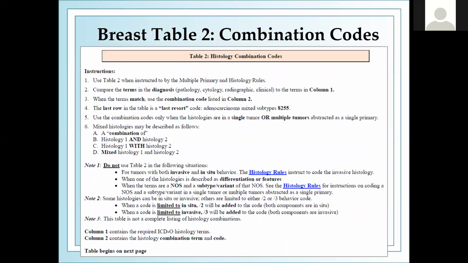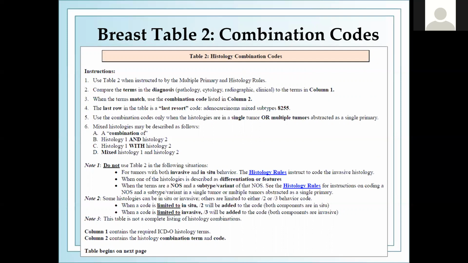Then we have another table with histology combination codes. As you can see here, we are given instructions in how to use this table. Make sure you read the instructions and do not just skip to the table if the histology rule references a table.